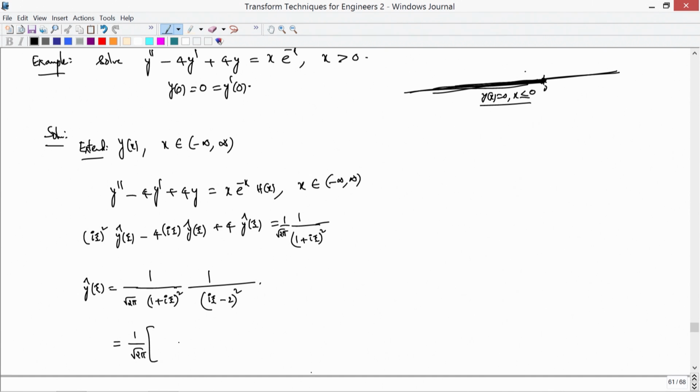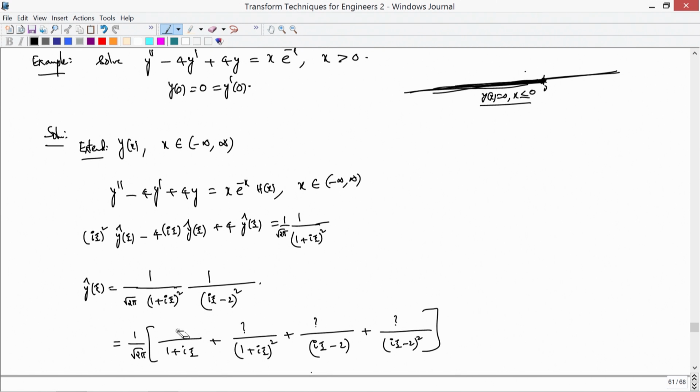So, I write it as something divided by 1 plus i xi, plus some number into 1 by (1 plus i xi) whole square, plus something divided by (i xi minus 2), plus something divided by (i xi minus 2) whole square.